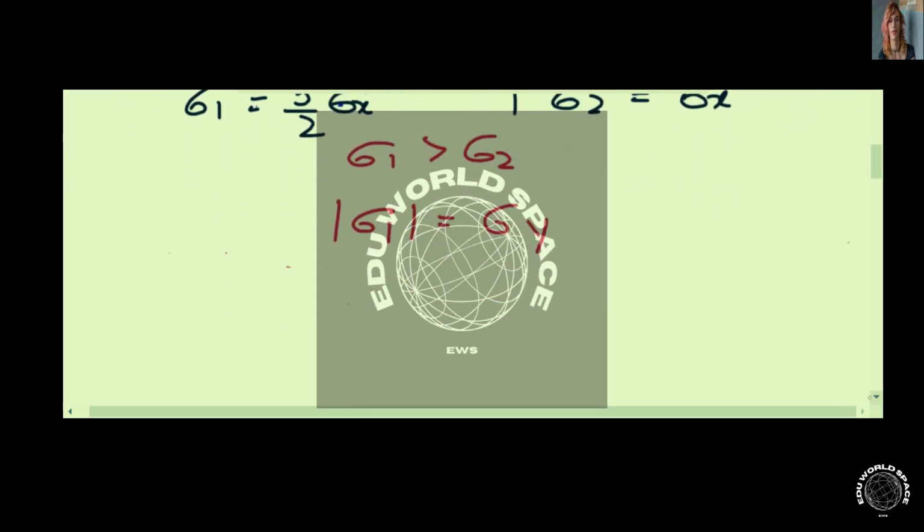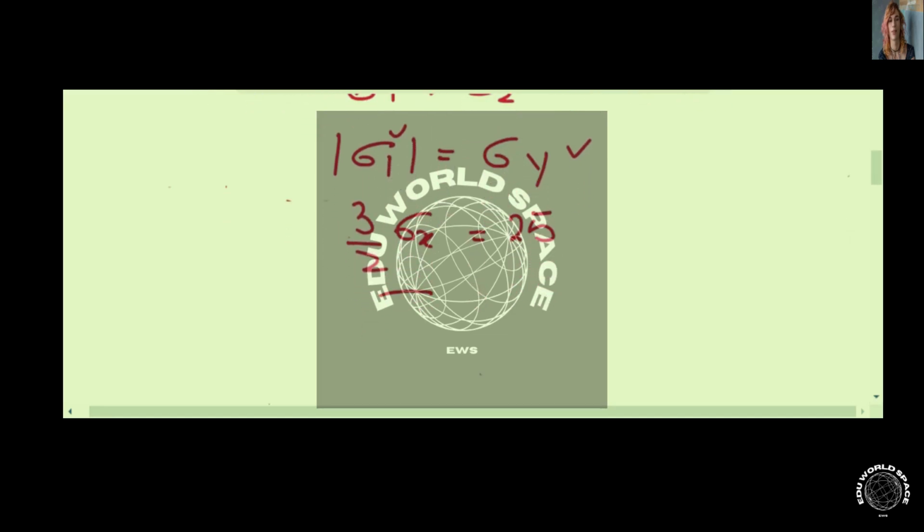Now what we need to do is find out the value of sigma sub x. So sigma sub 1 is equal to 3 divided by 2 sigma sub x, and the yield value was given, that was 25. So now we just need to rearrange it.